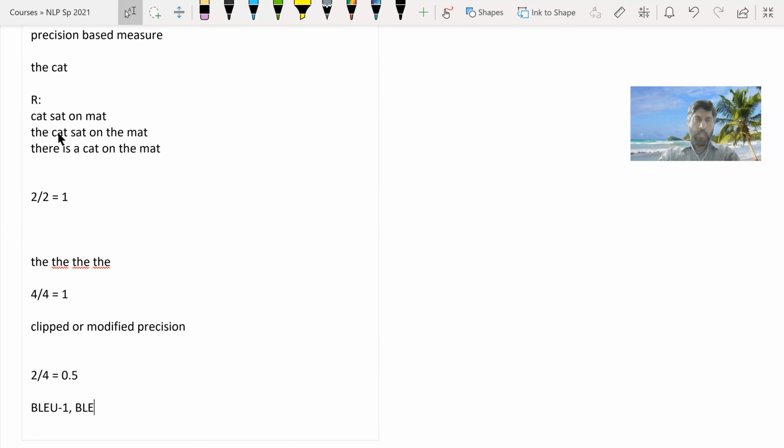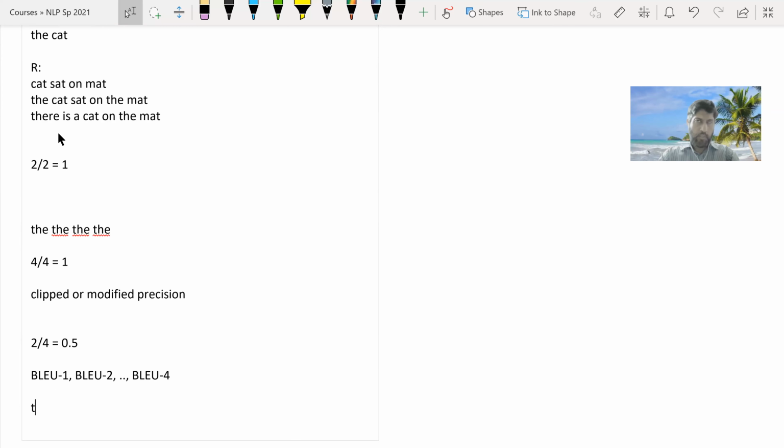If you are using bigrams, we call it BLEU-2. And typically we go up to BLEU-4. So what does BLEU-2 mean? For example, my generated sentence is "the cat". So there is only one bigram, the sequence "the cat".